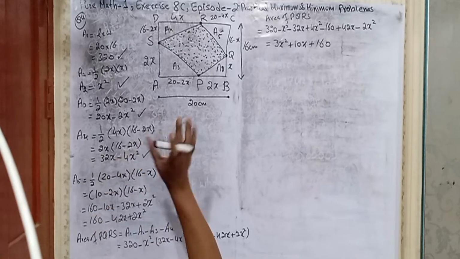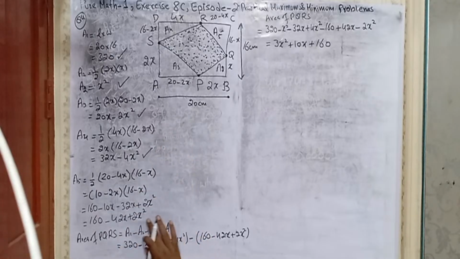So from that total area, I will subtract area number 2, area number 3, area number 4, and area number 5 also. So this area 1, then area 2. Oh yeah, I have not written the area number 3 here. Yes, so area number 3 is also here.